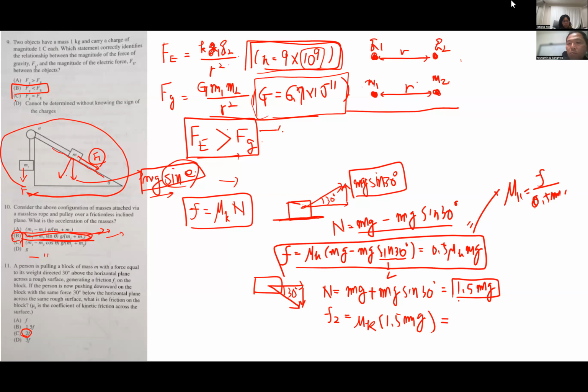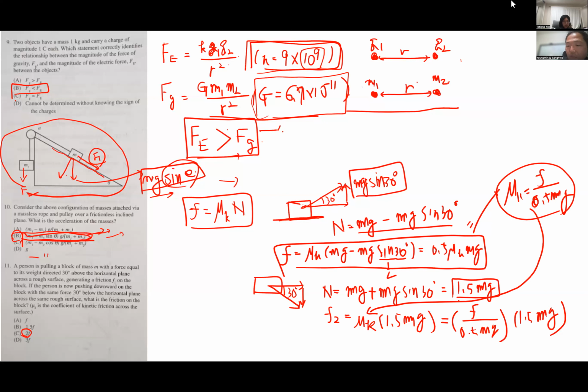You plug mu k into this formula, and that is F over 0.5 mg times 1.5 mg. So if you cancel mg out of the numerator and denominator, that should be 1.5 over 0.5 F, that is 3F. So the answer is actually D.